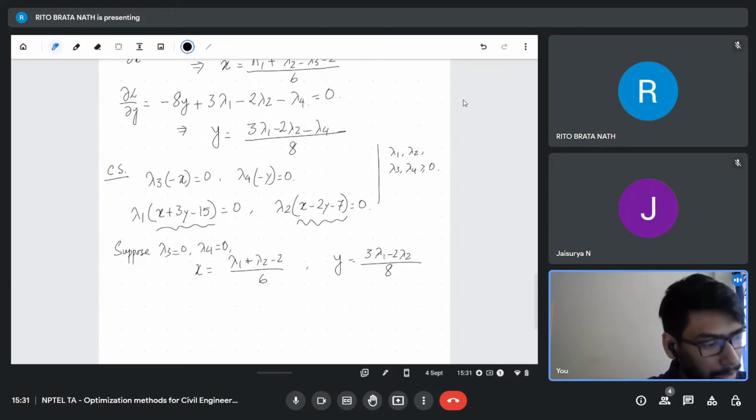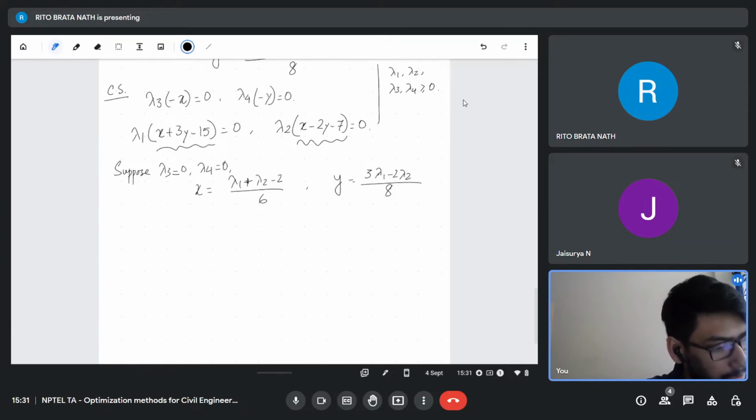And you can check for further things from here. Suppose in this condition, if your lambda 1 is 0, then since your lambda 2 can be either 0 or greater than or equal to 0, and y cannot be negative, that means lambda 1 equals 0 has to imply lambda 2 will be 0.